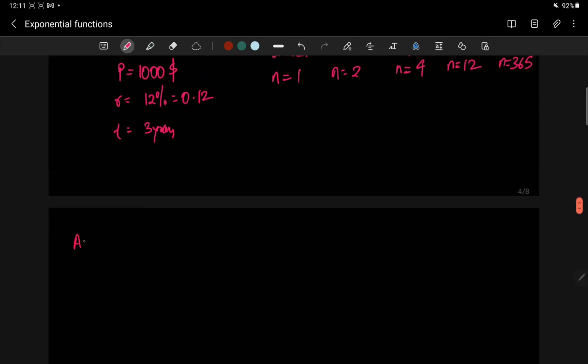So we have amount. This is annual, would be 1,000 times (1 plus 0.12 over 1) to the power 3 times 1.